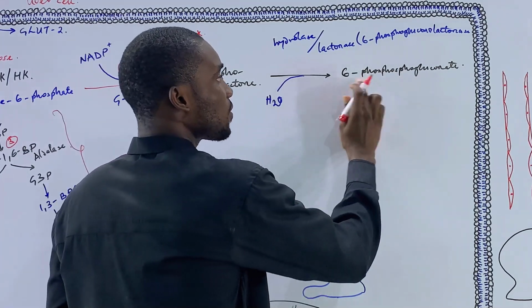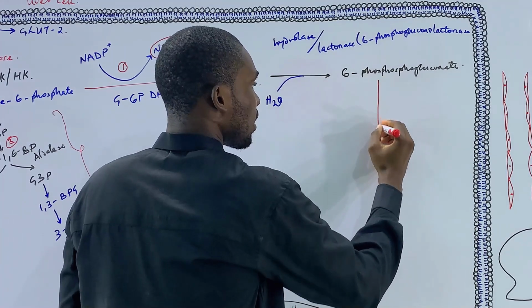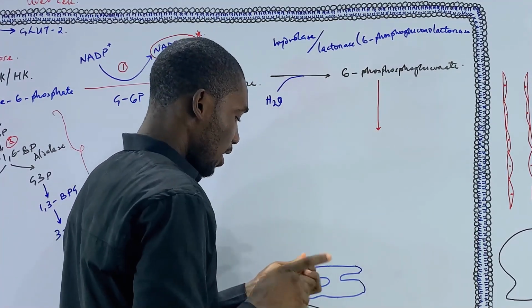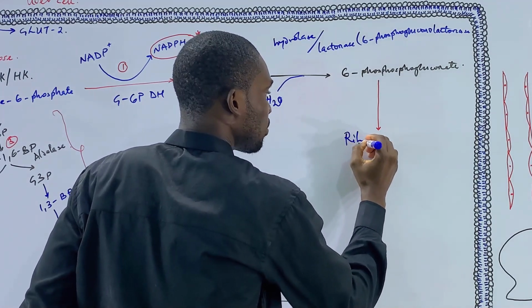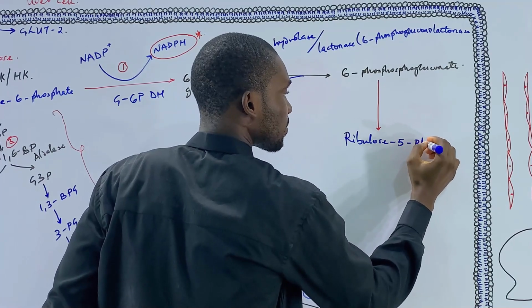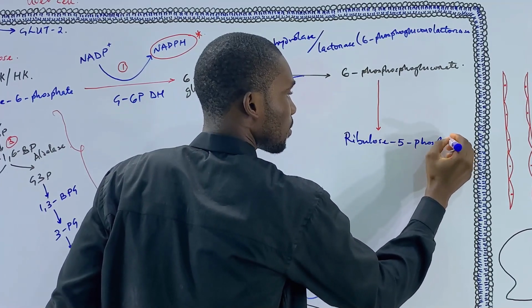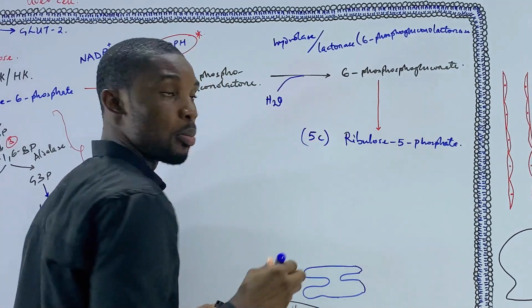And then this 6-phosphogluconate would be converted to another molecule known as ribulose 5-phosphate. This ribulose 5-phosphate is a 5-carbon molecule.